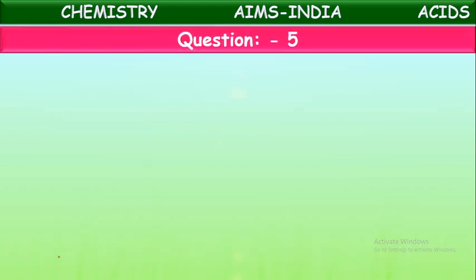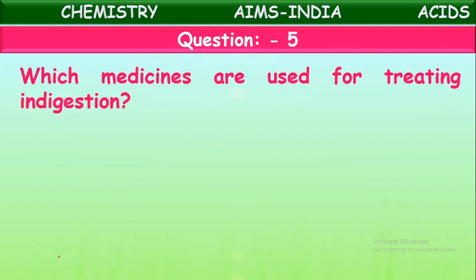Next question. Which medicines are used for treating indigestion? Yes, indigestion means what we said. Our stomach produces hydrochloric acid. This hydrochloric acid helps in killing the bacteria that enter our stomach along with food, and it also helps in digestion of the food.